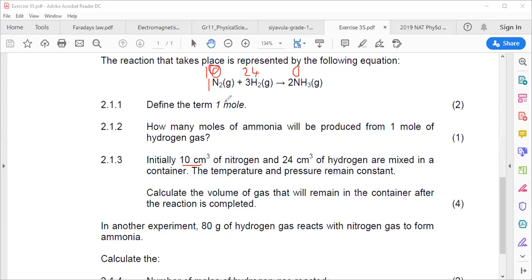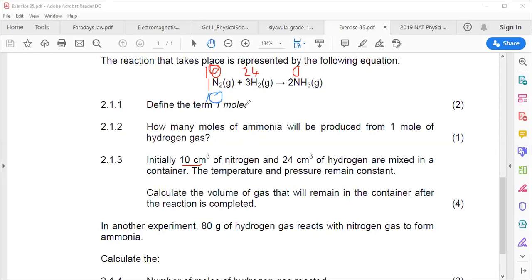Now, we go further. Initially I've got 10, 24 and nothing here because the reaction hasn't started. Now we start the reaction. Am I going to compare using the 10 or the 24? I'm going to use both so that I see which one is going to work out for me. So I start with 10.